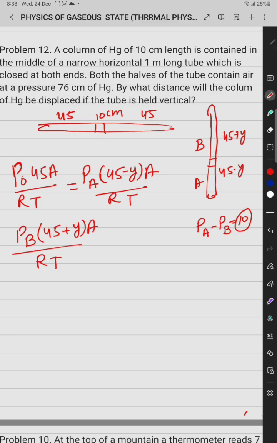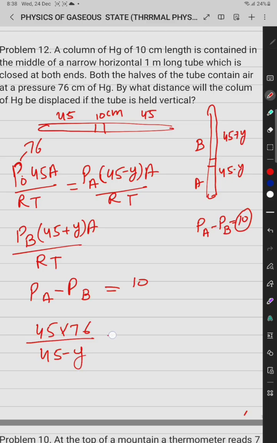Then we can say pressure of A minus pressure of B equal to 10 centimeter of mercury, and the pressure of A equal to 45 into 76 divided by (45 minus Y), and pressure of B is 45 into 76 divided by (45 plus Y), that is pressure difference equal to 10 centimeter of mercury.